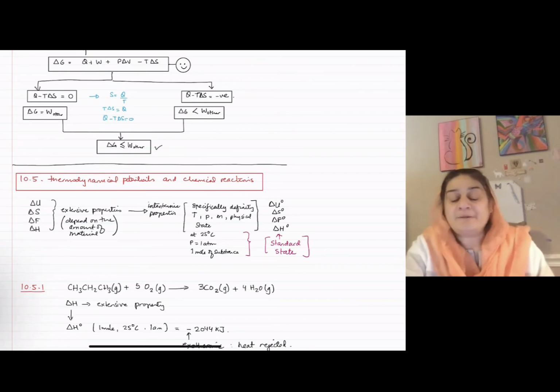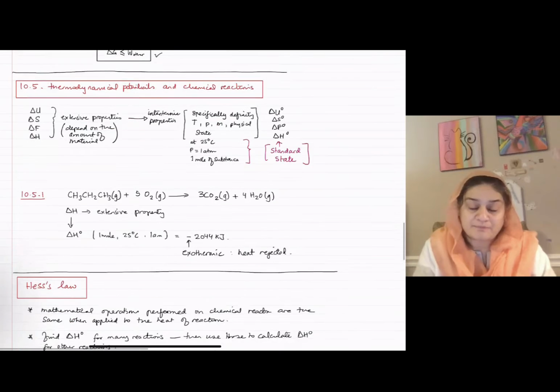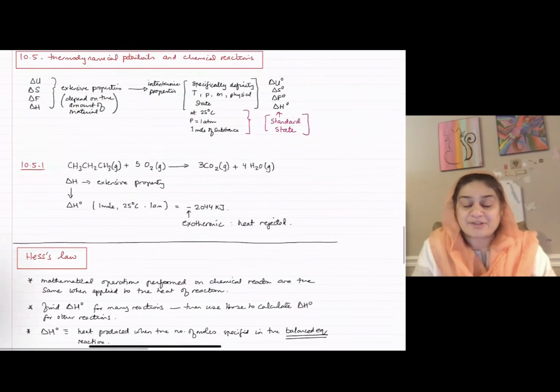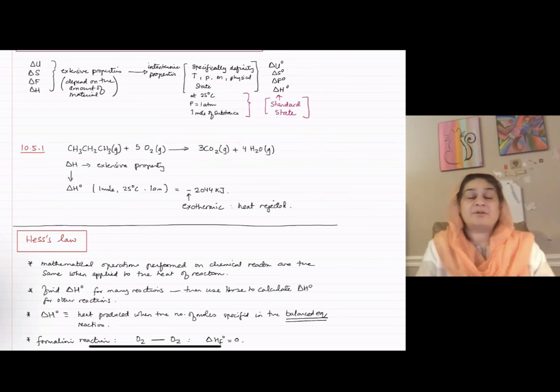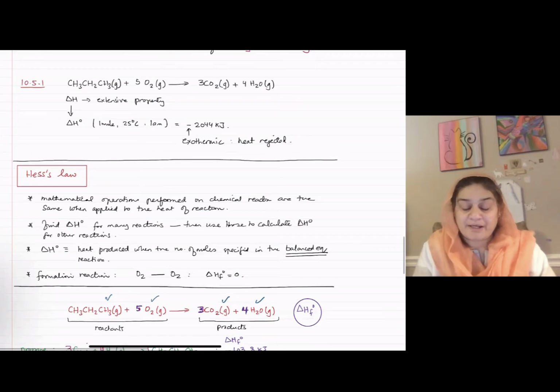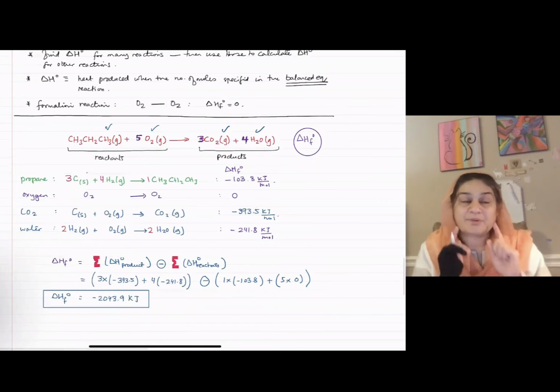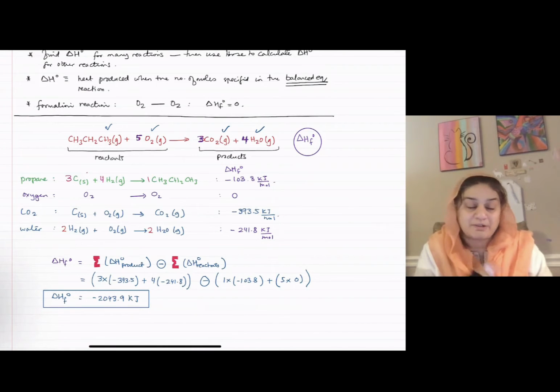Then we started talking about delta H0 for exothermic and endothermic reactions. We also talked about Hess's law, and we started doing this example. So I'm going to pick up from there.